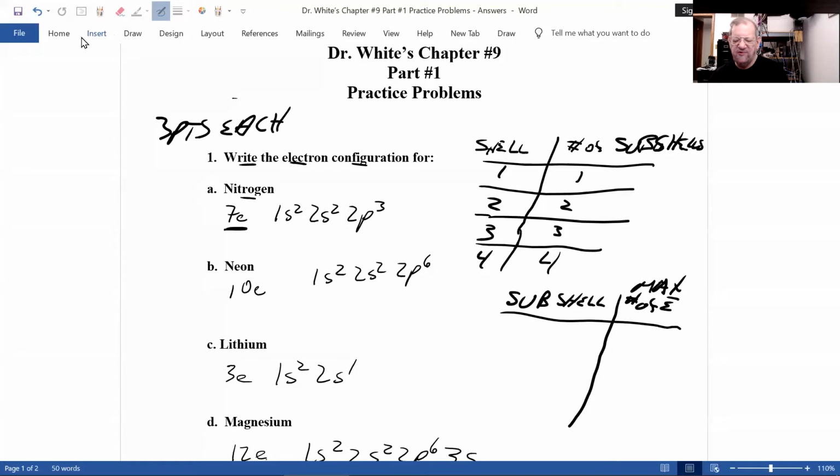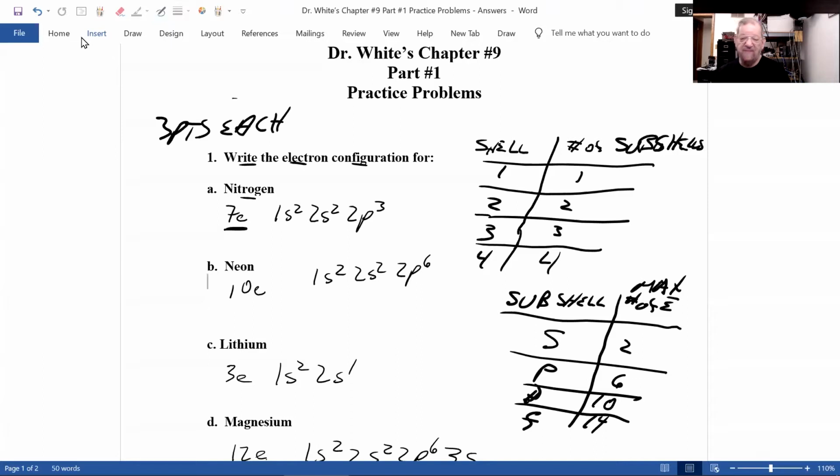We have a subshell. There are actually 4 of them. S, P, D, and F. That's the D. 2, 6, 10, and 14.